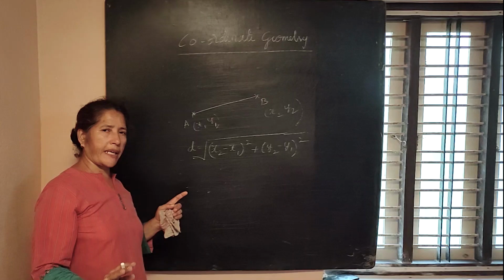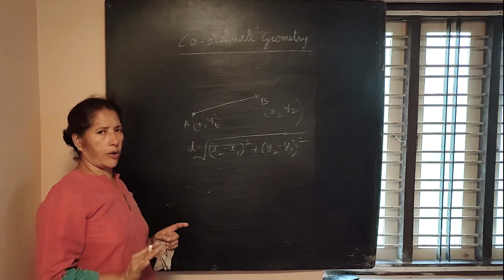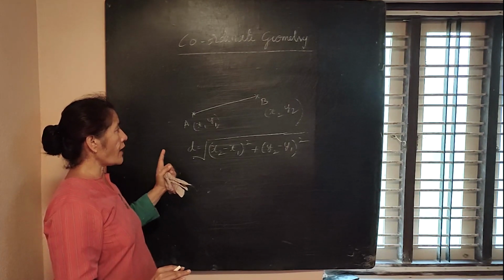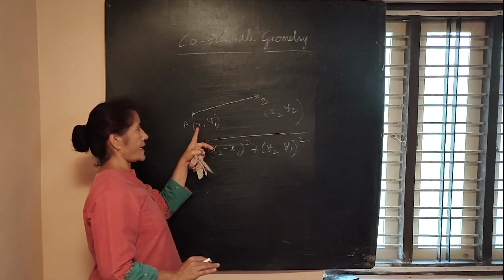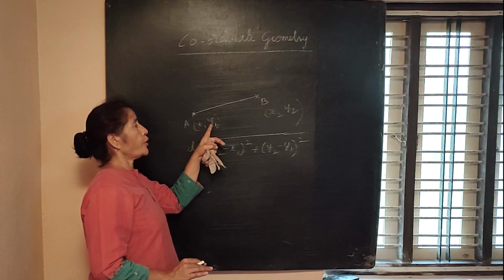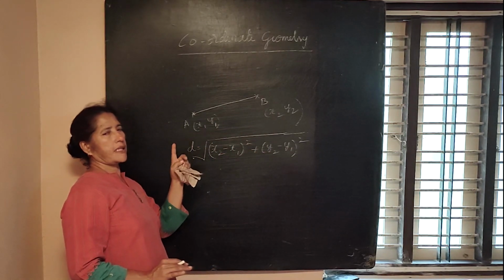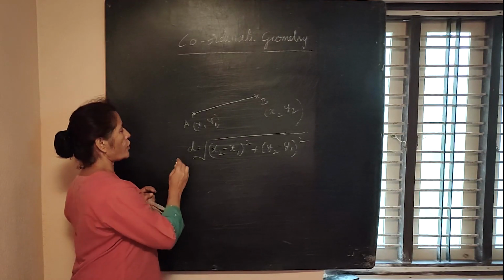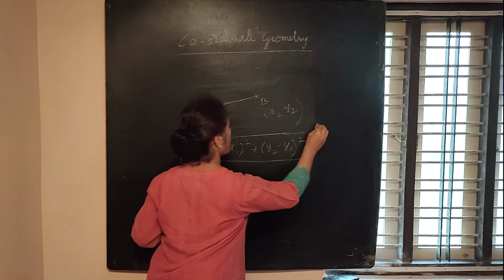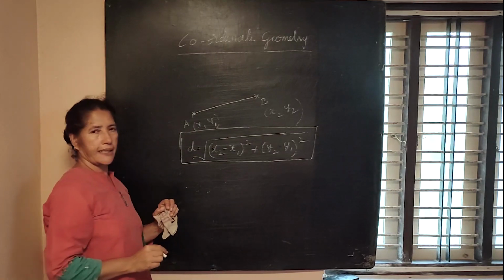Need not be. I can take as I want, but once you use x2 minus x1, you cannot do y1 minus y2. In the same way you have to come back. So this is called the distance formula between any two points.